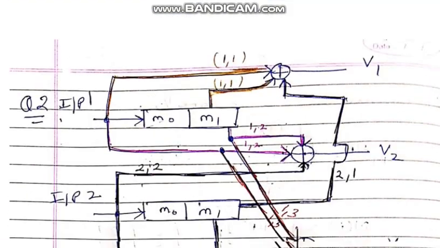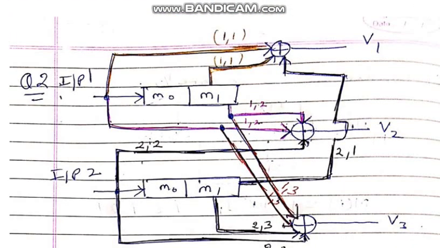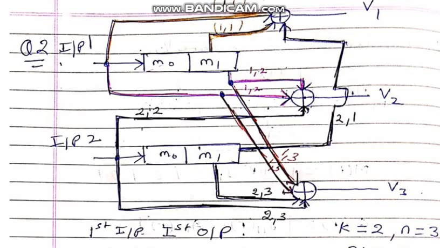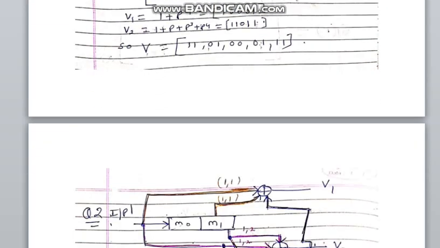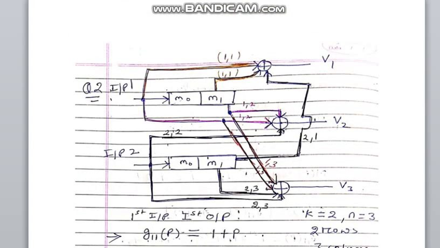Now let us take one more, a little bit more complicated, example. Here you can see that there are two inputs and three outputs. To write the generator polynomial, we have to consider each of the connections: first input, first output; first input, second output; first input, third output; and likewise for the second input.